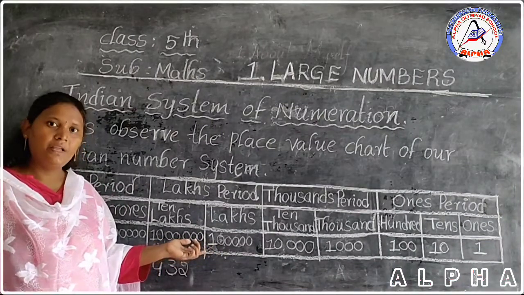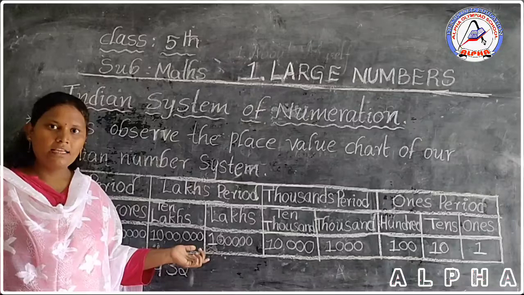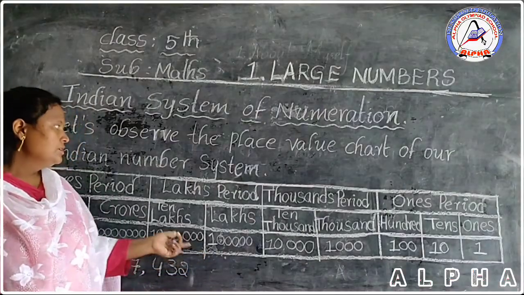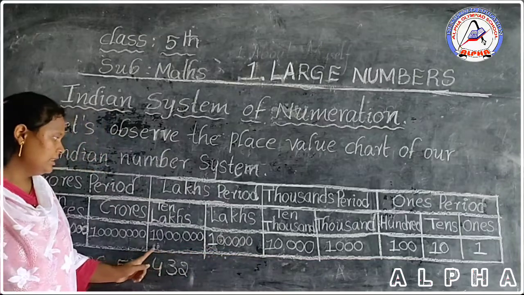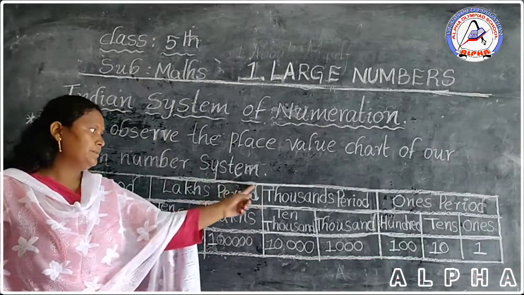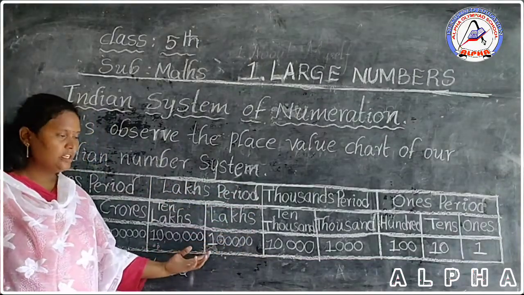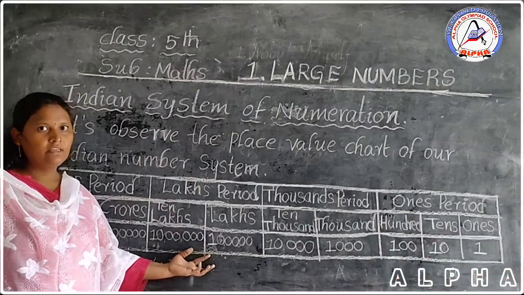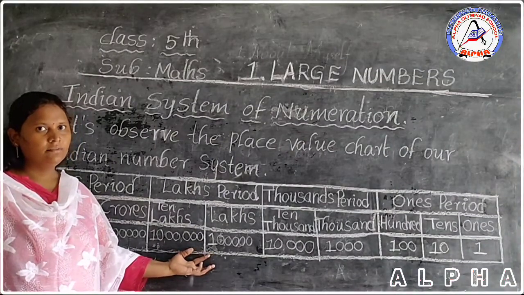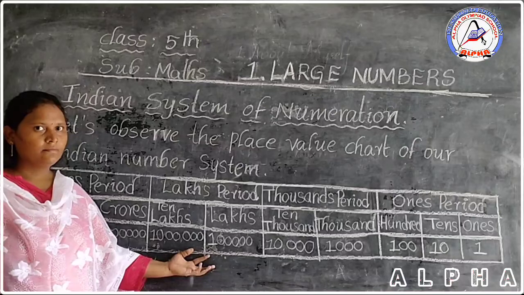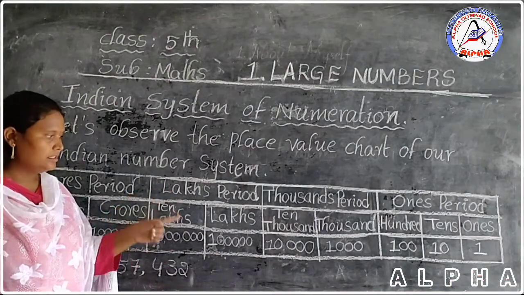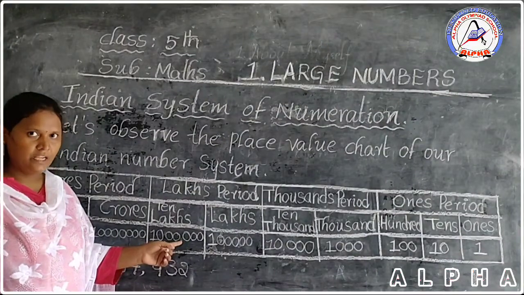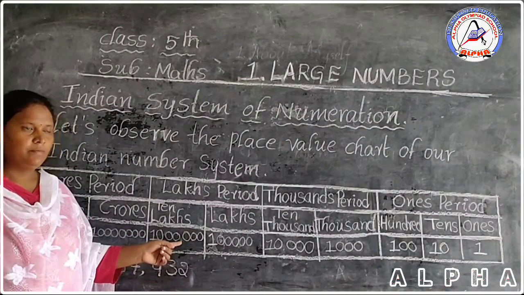So observe the lakhs period and the place values of the lakhs period. Observe this once, children. See at both sides. Observe carefully. This is your lakhs period and these are the place values in the lakhs period.